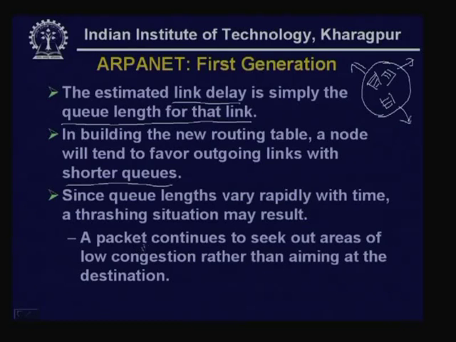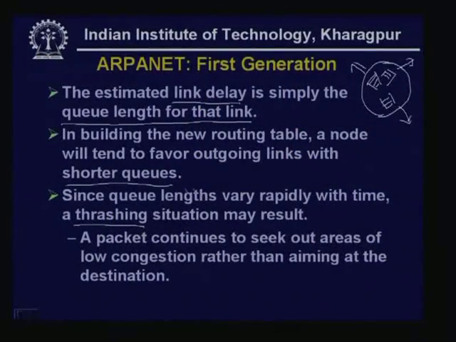Whenever this thrashing situation occurs, by the time the next routing table is formed and the packet is forwarded, that queue length has changed. And so what can happen, again the routing calculation has to be done. So a packet continues to seek out areas of low congestion rather than aiming towards the destination.